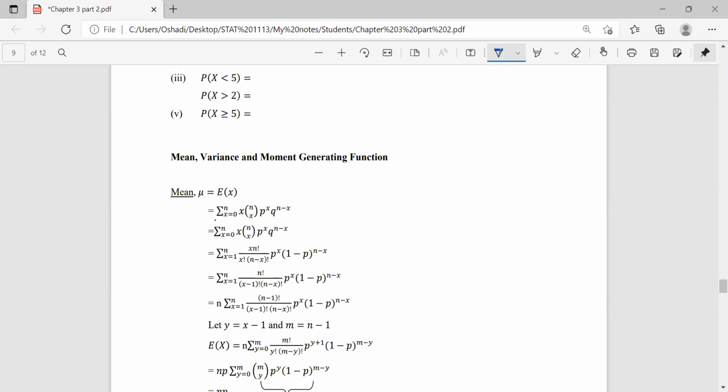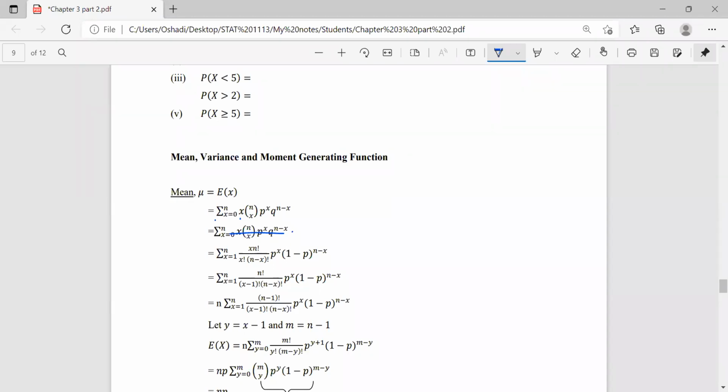We can write the expected value, since this is a discrete one, using the summation. If it is a continuous one, we use the integration. So x into f(x) is the expected value of x. So we can write the summation from x goes from 0 to n, x into the distribution, nCx p^x q^(n minus x). That is the binomial distribution, right? Then we know that we can expand nCx as factorial n divided by factorial x into factorial n minus x, right?